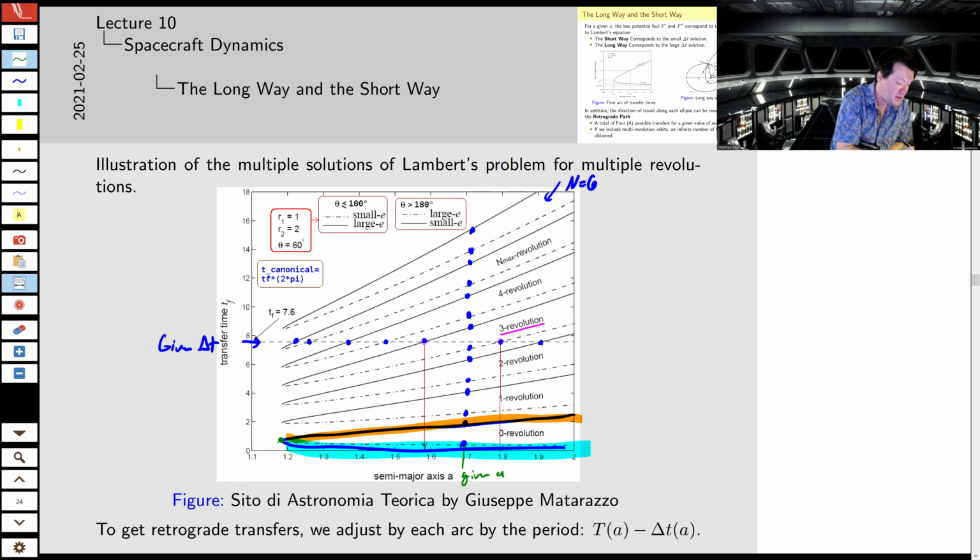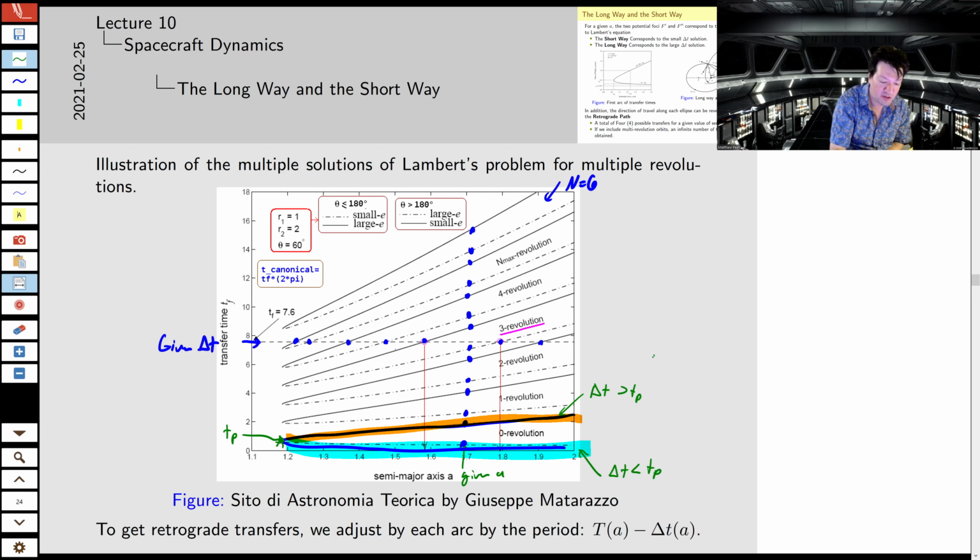Particularly, we'll compute this time, TP, and if your transfer time is above that, you're on this arc. And if your transfer time is lower than that, you're on this arc.